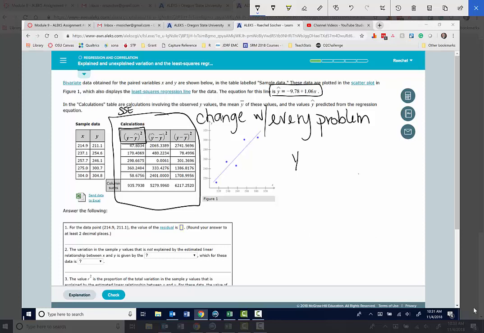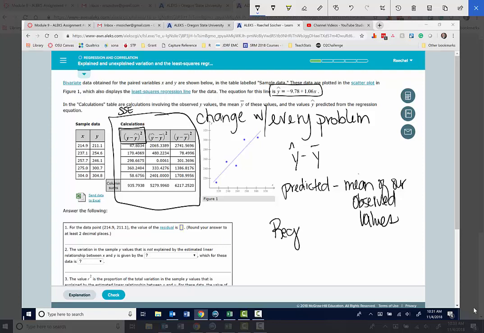In the next column, we have y hat minus the mean of y. So we have our predicted values minus the mean of our observed values. In this case, this represents the sum of squares of our regression line.